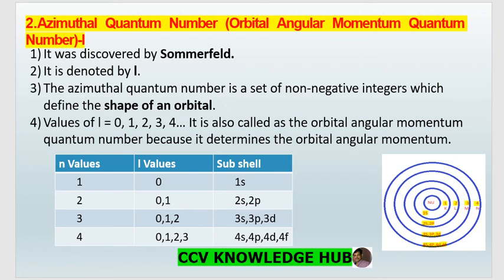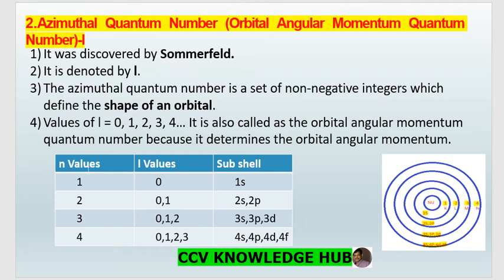The values start from 0: 0, 1, 2, 3, 4. It is also called the orbital angular momentum quantum number, because we can find the angular momentum. In the next slide, I will show the formula to find the angular momentum.